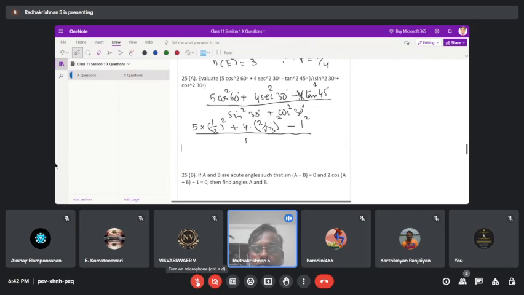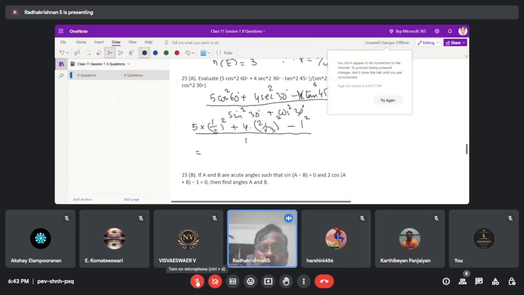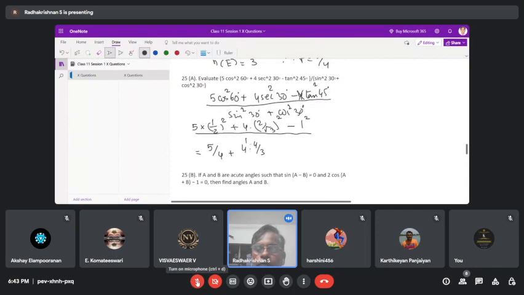So wherever possible, you should use your identities, knowledge of identities and so on. So this is going to be 5 into 1/4 plus 4 into (2 by root 3) whole square, that is 4/3, minus 1. So by 1 I am leaving out. Okay.